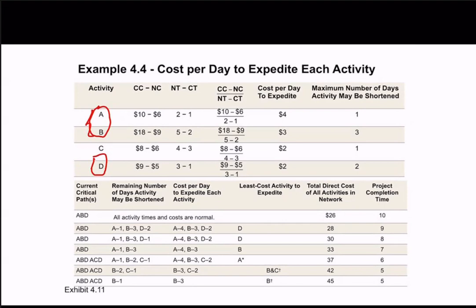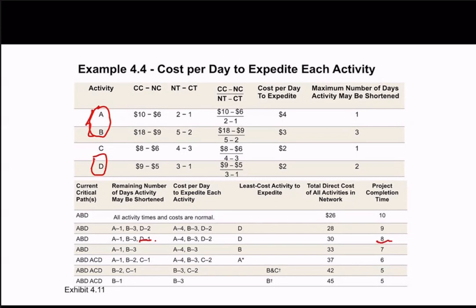So now we only have 2 days for D, and if we continue to reduce the total time for the whole project, we reduce activity D from 2 to 1, so D only needs 1 day, and the total time will be reduced to 8 days.